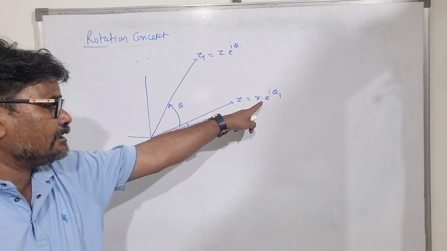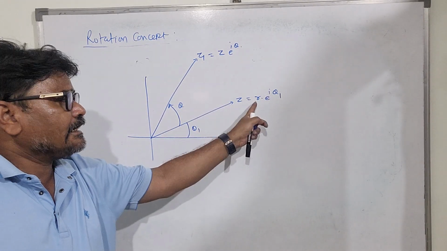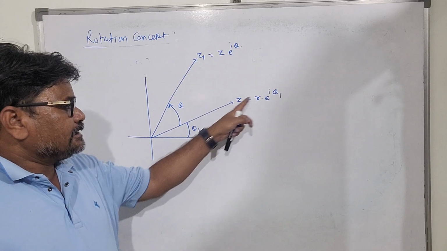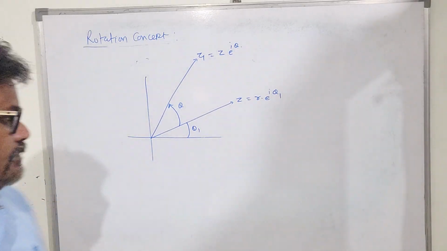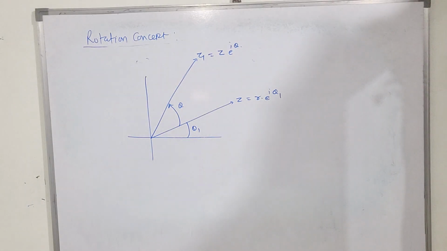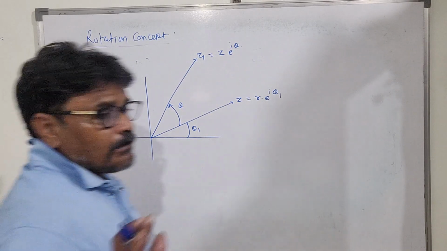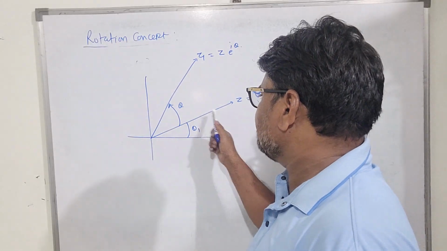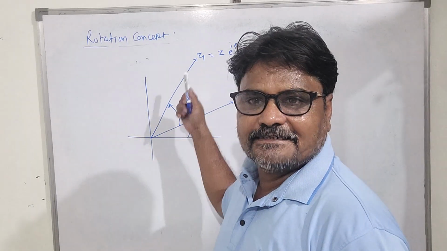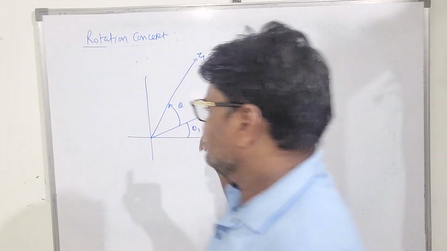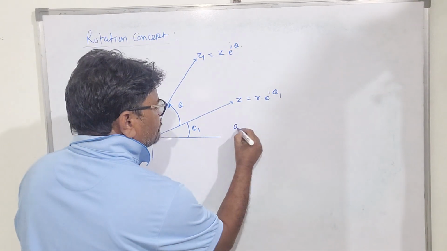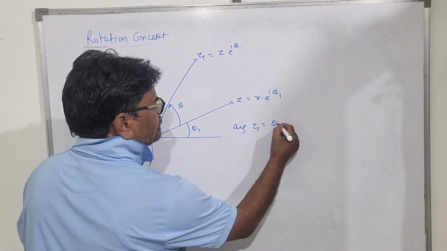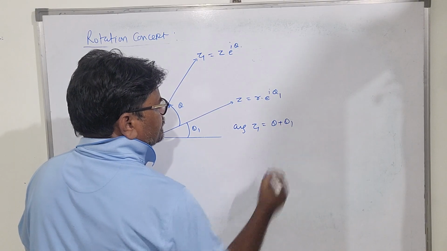Z is given by r into e iota theta 1, where r is the magnitude, the modulus of this complex number Z, and theta 1 is the argument of this complex number Z. Okay, fine. But can you observe here that this theta is the angle between these two vectors? Now see, this is super important: argument of Z1 is theta plus theta 1.